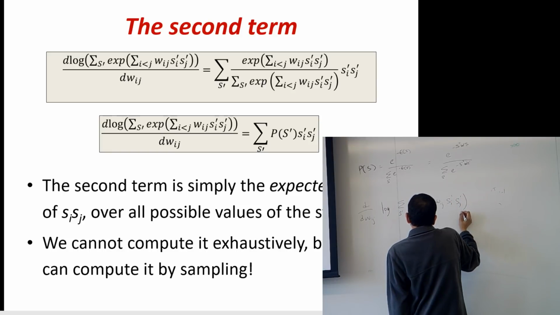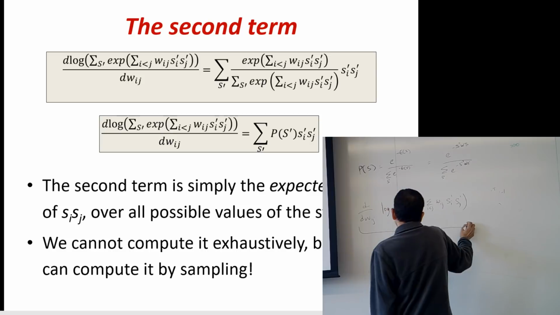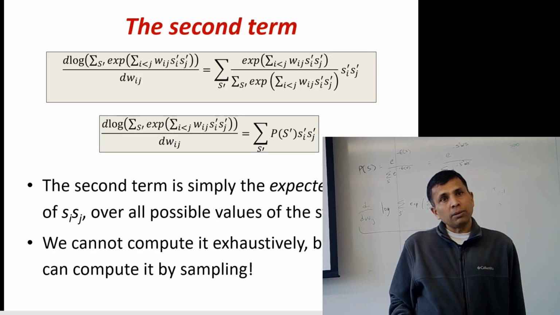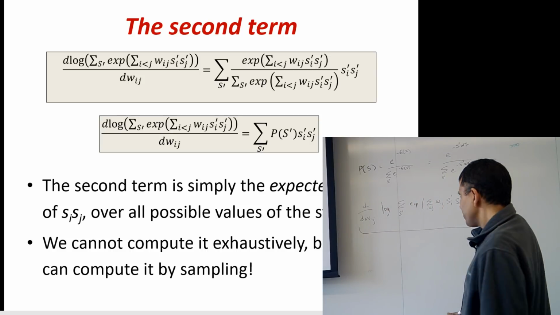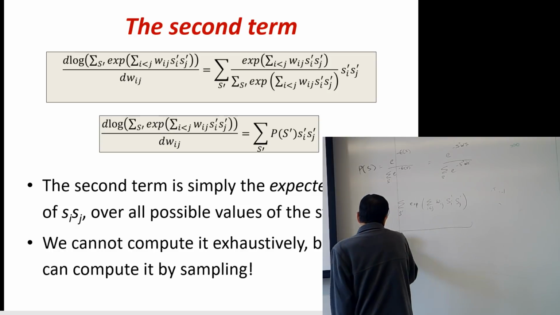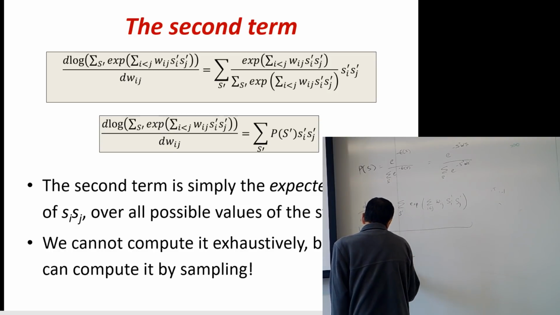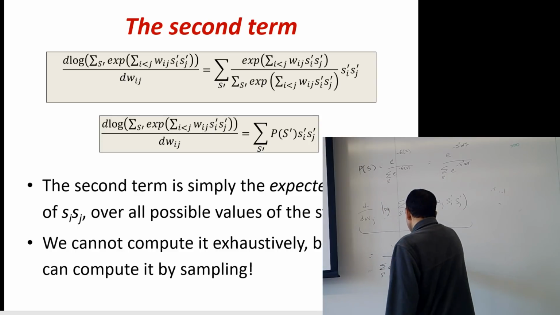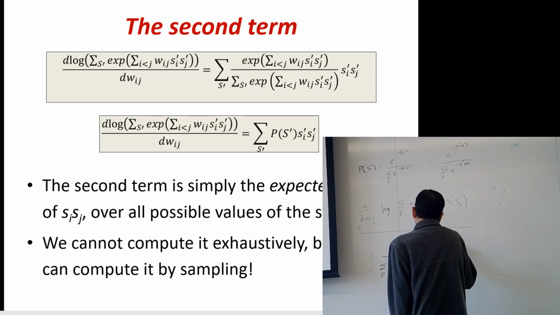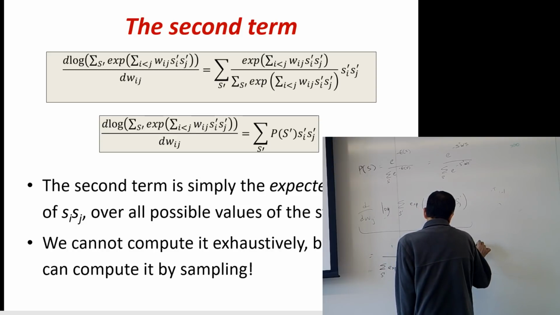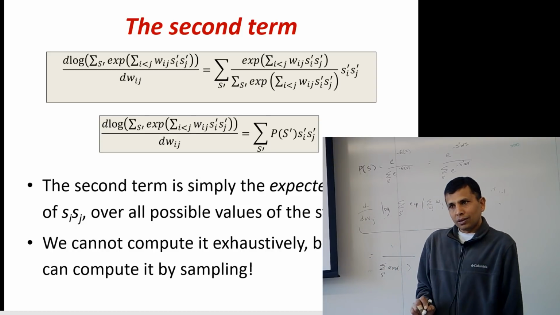This is just the denominator term in the Boltzmann distribution, right? And because I'm taking a derivative with respect to a log, it's going to be 1 over the summation over s prime of the exponent of whatever this term might be, times the derivative of the summation over s prime of the exponent of whatever this term might be, right?